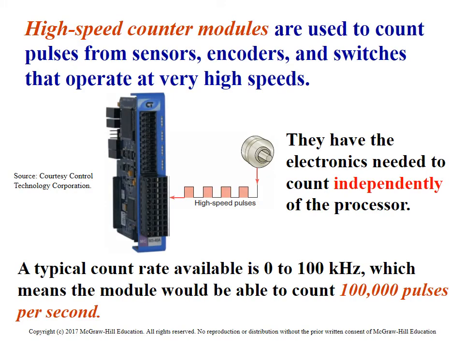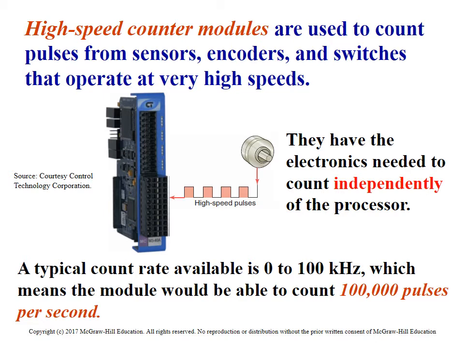Special I/O modules, something to just be aware of. The high-speed counter card. One of the challenges we have in the PLC world is that there will be signals that turn on and off faster than the PLC can read. What that means is when you have a system such as a high-speed bottle line, you see these bottles going by really fast, and that input will come on and go back off again faster than the PLC can read that input.